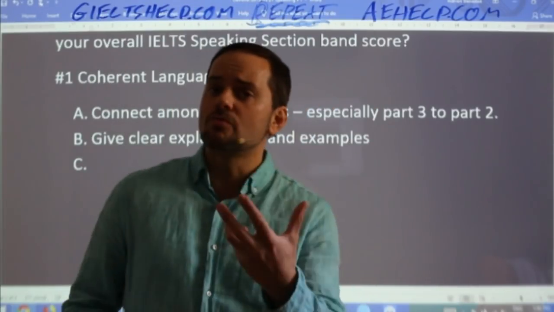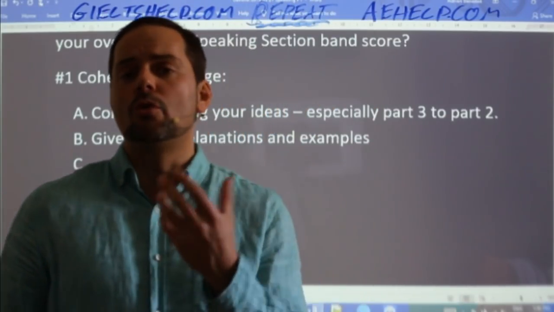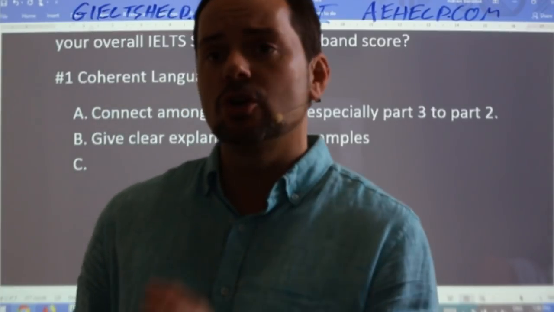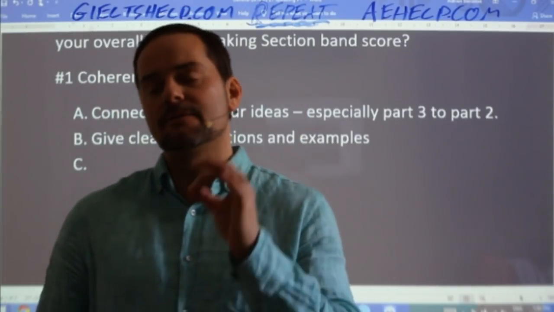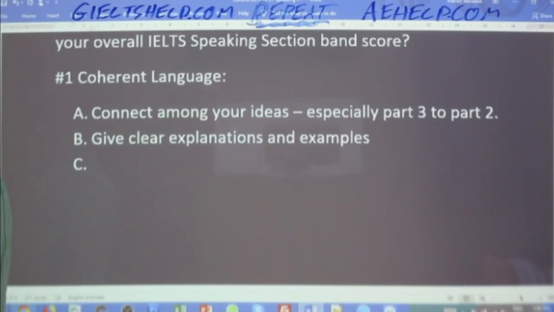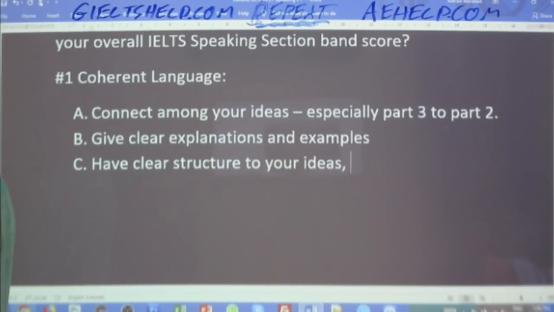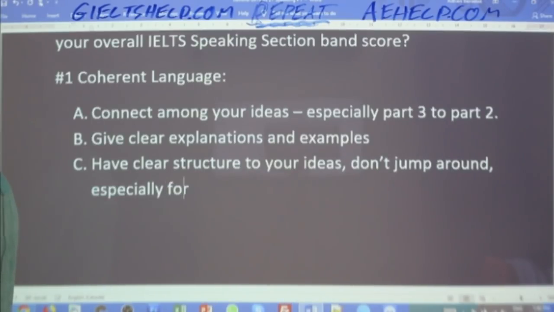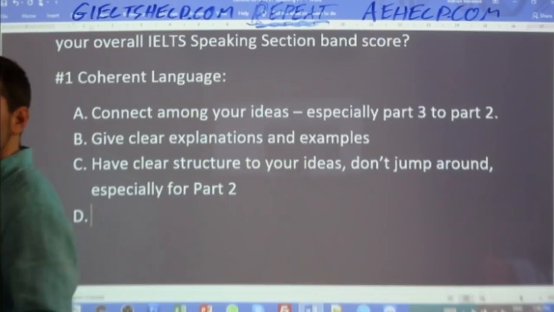Pachu says have structure to your communication. Have logical flow. Absolutely, Pachu. It's a very important point, especially for part 2, okay? So have clear structure to your ideas. Don't jump around. Okay, this one's especially true for part 2. In all parts, but especially for part 2.